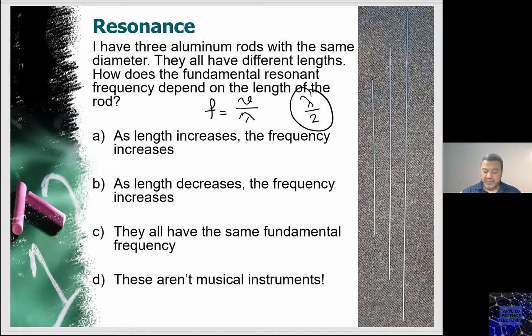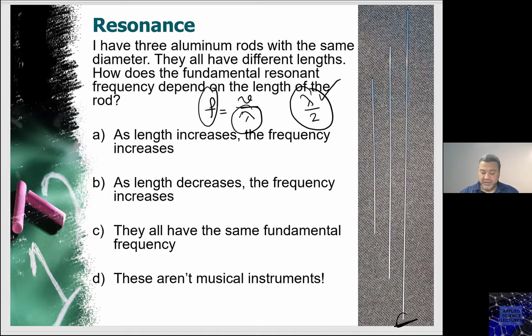Now, for the same types with different lengths, this means the longer one will have a larger lambda. The frequency is inversely proportional to the lambda, which means that the rod with the largest lambda will have the smallest frequency. So if the rod length increases, the resulting lambda will increase, which means that the frequency will decrease.